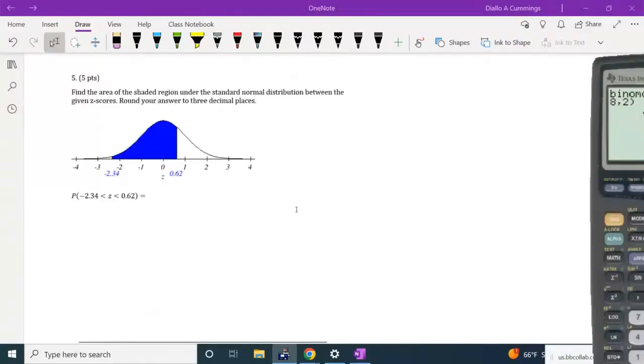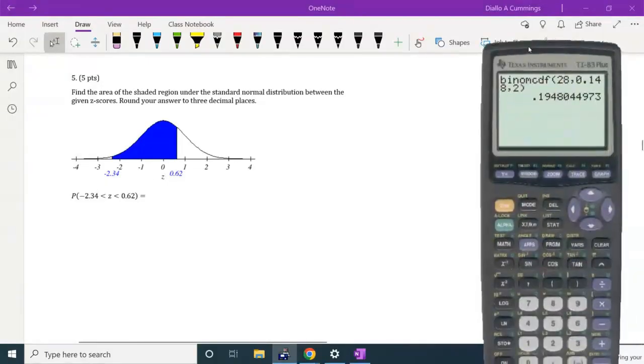All right, so now we are jumping back into the normal distribution, with this bell-shaped curve. So we want to find the area, and keep in mind that area is probability, right? So here we're asked to find the area between negative 2.34 and 0.62. We're simply going to use that normal CDF function.